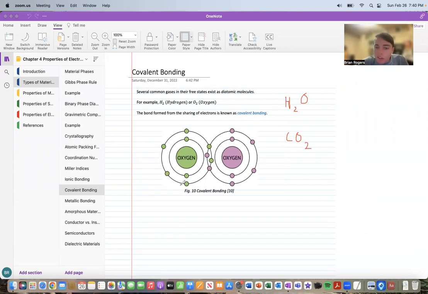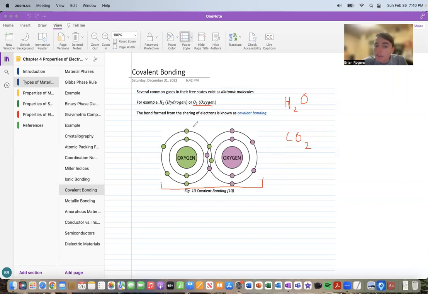So here's a representation where we have just O2. We have 2 of those oxygen molecules. And so this is known as diatomic when we have 2 of them, just like when we said carbon dioxide, there's 2 oxygens. So that's known as covalent bonding because they share electrons.